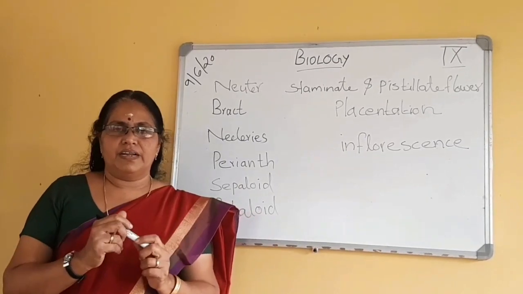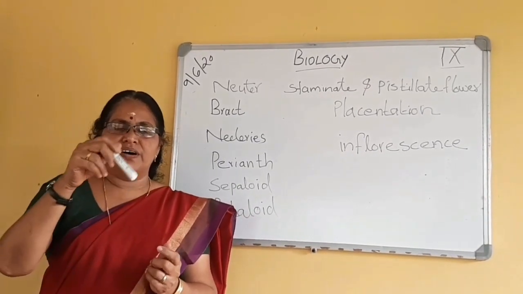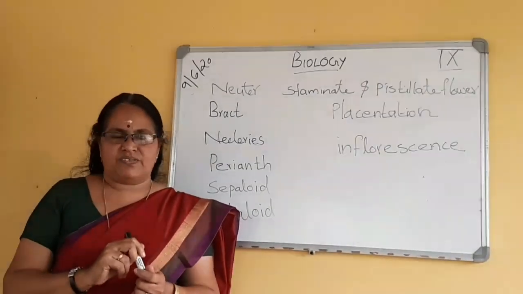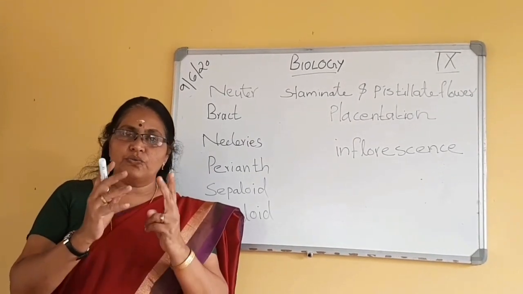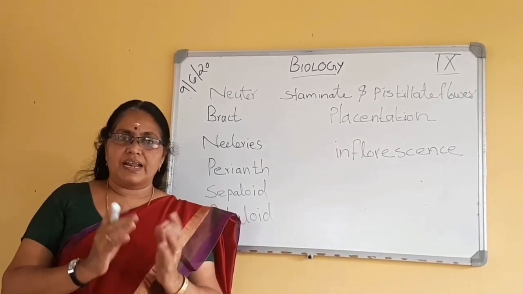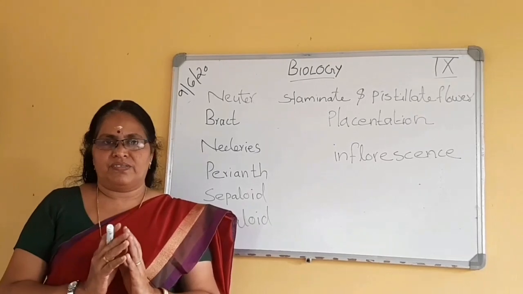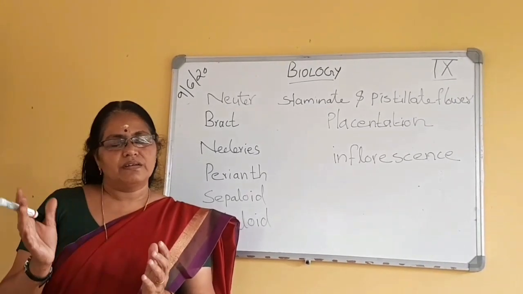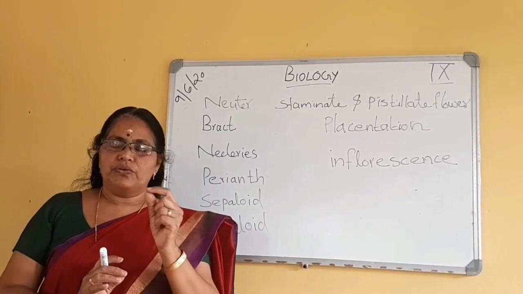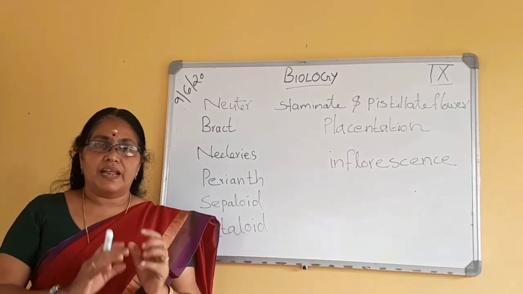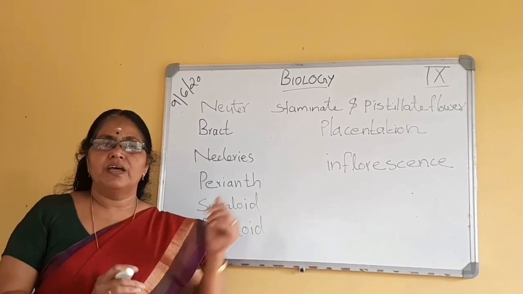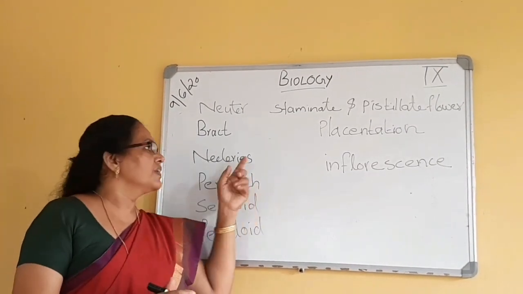In sunflower, the flowers are arranged in different whorls. In that, there are two types of flowers: ray florets and disc florets. You will learn about it later. So now you just understand, ray florets of sunflower are neuter flowers.